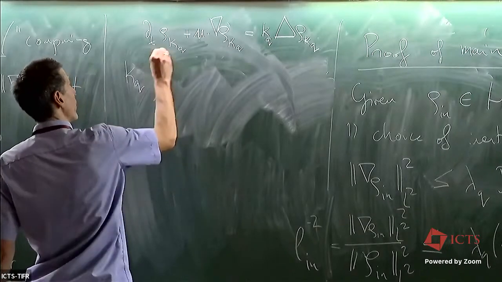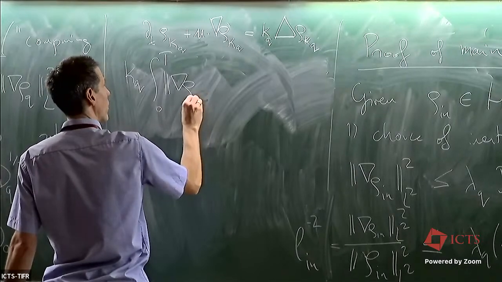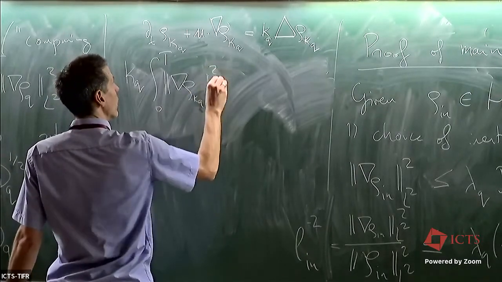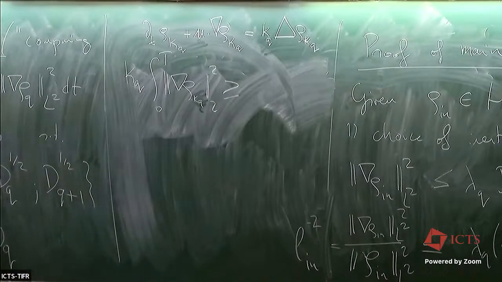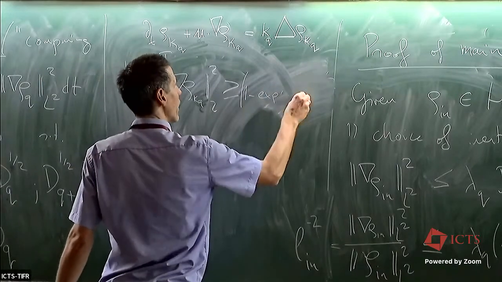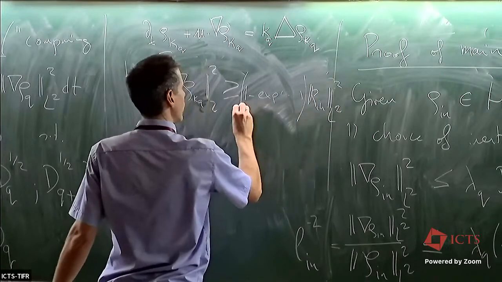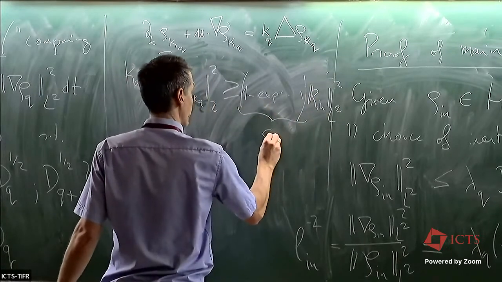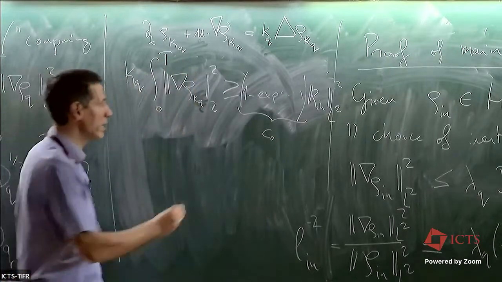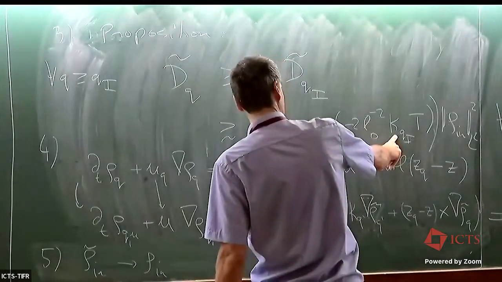The dissipation rate kappa q is bounded below by this expression. Okay, I just write 1 minus the exponential, and then initial data. So it's this term, which is what I called C0. And the C0 is basically something depending on the time t and the kappa qi.